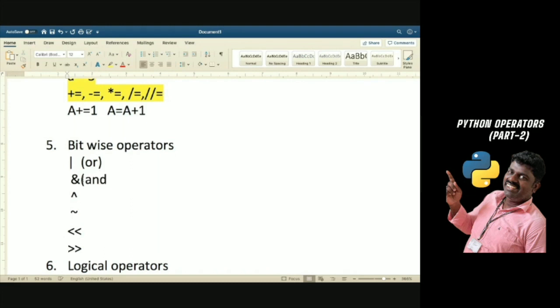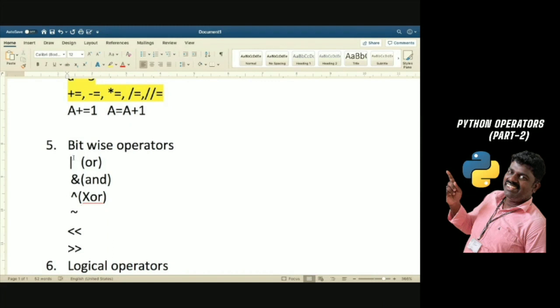This one will be used for bitwise XOR. The cap symbol is used for XOR, and the ampersand symbol is used for AND.